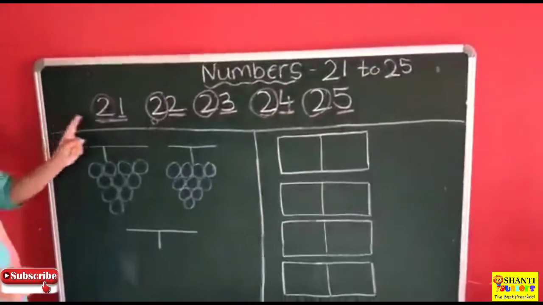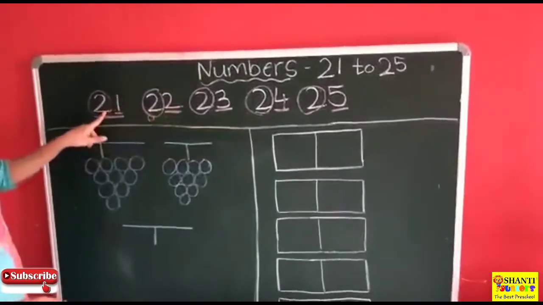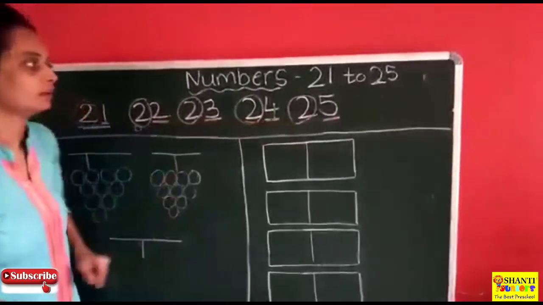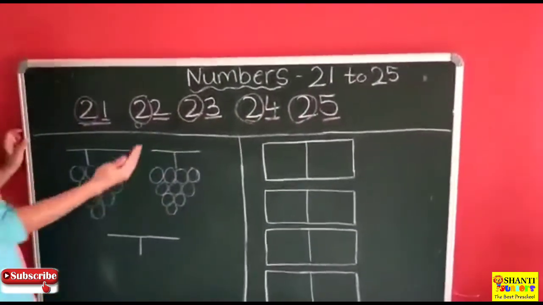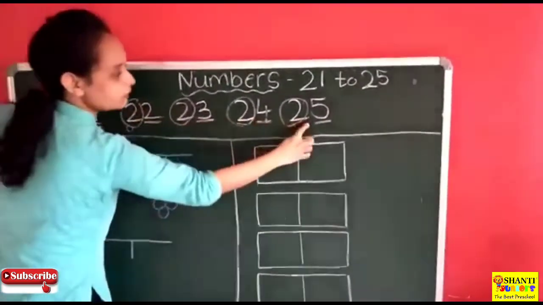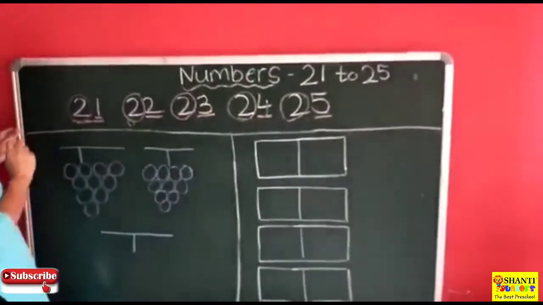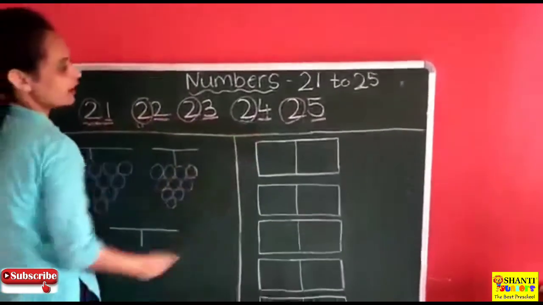Children, this is in order: 21, 22, 23, 24 and 25. If we go backward: 25, 24, 23, 22 and 21. So today we are going to learn these 5 numbers.